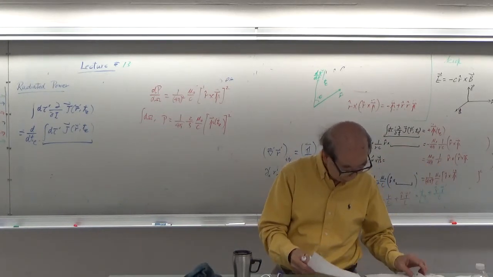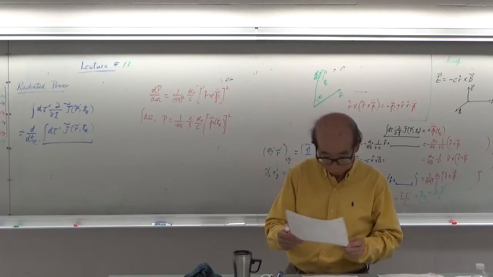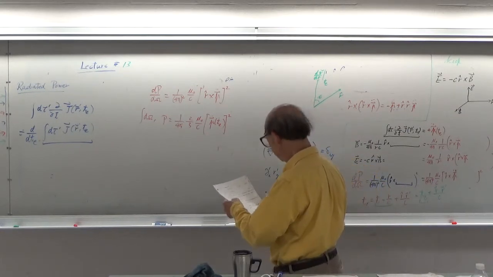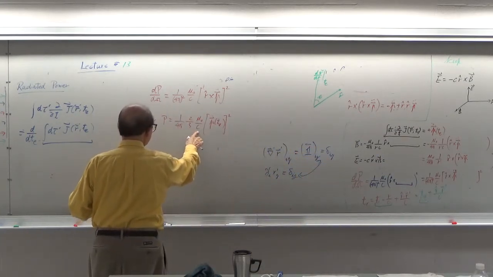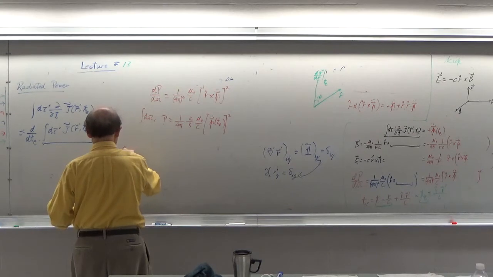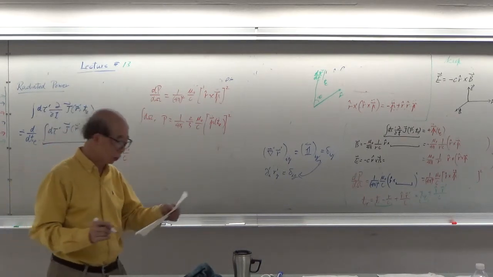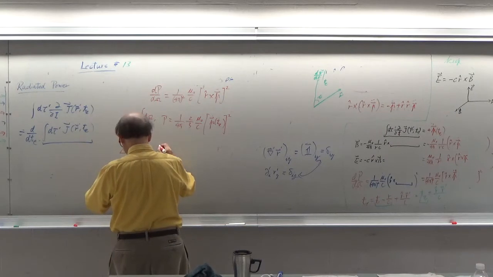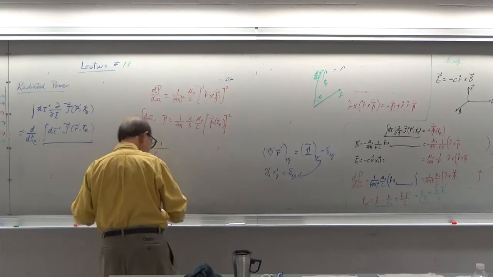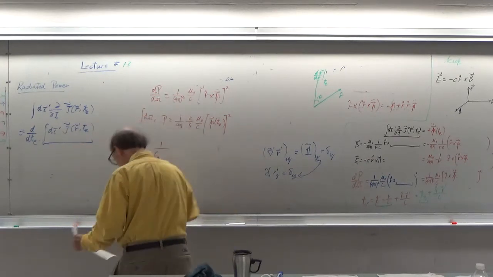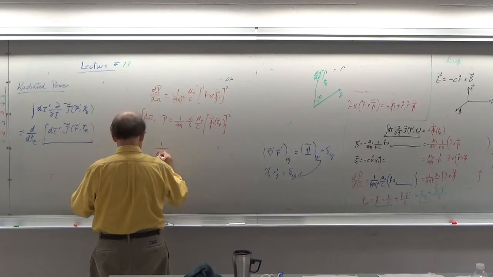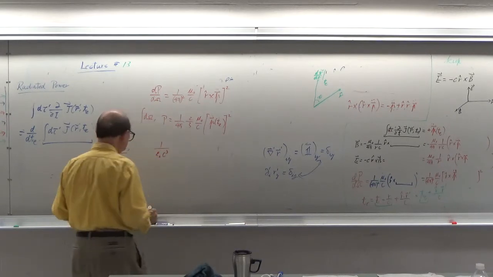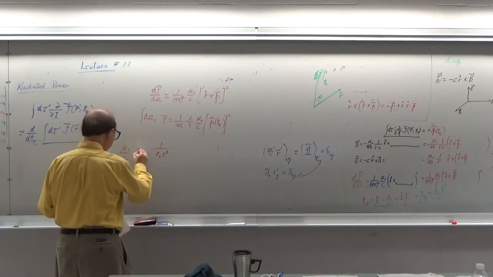All right. And what's next? By the way, here in the lecture I have this factor mu naught over c, but in my lecture notes I use instead 1/epsilon naught c cubed. It's easy to show they're the same.